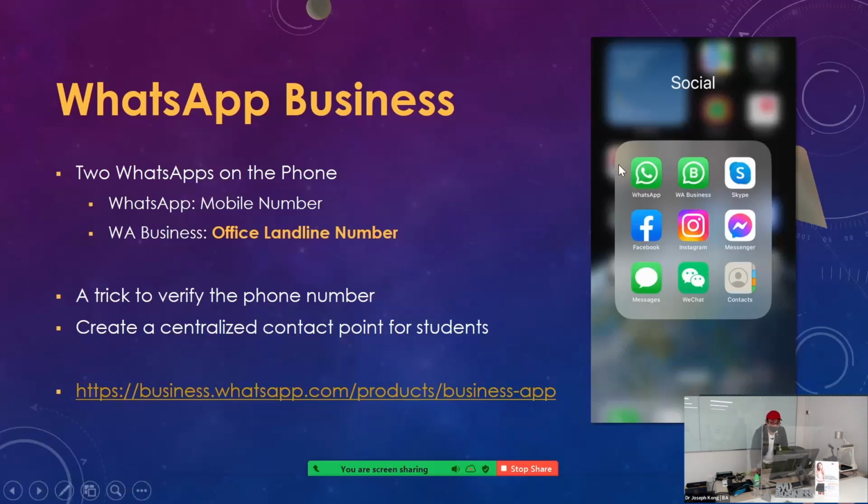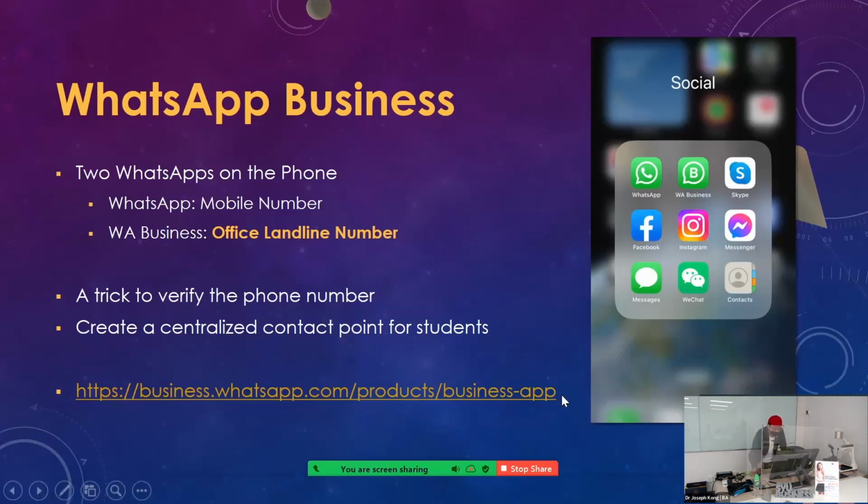This one, you could register with your typical mobile phone number. This one, you could register with your Xuyan University office phone number. And I am disclosing this one to my students, so they can use my office phone number to reach me using WhatsApp. And I will show you how to do this.